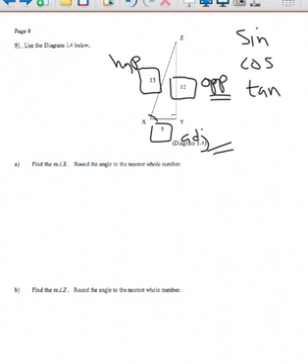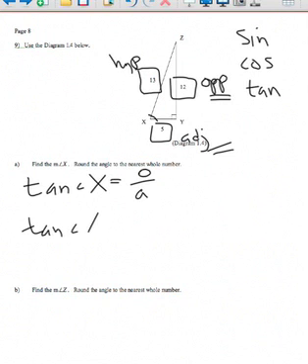And so I'm going to use the tangent, which is tangent of angle x is going to equal the opposite over the adjacent. So the tangent of angle x equals the opposite is 12 over 5, which gives me 2.4.